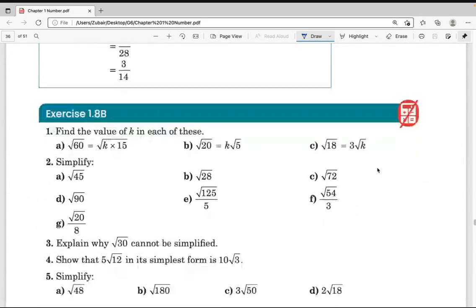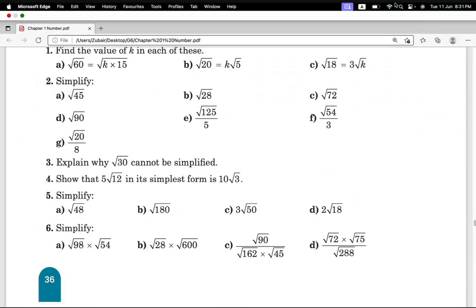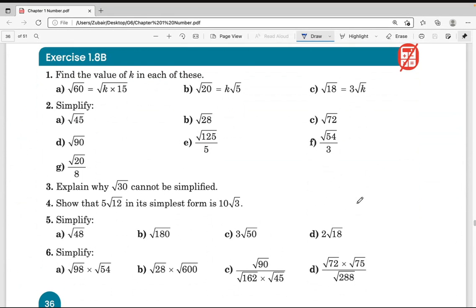Okay, so these were examples. Now we come to the practice exercise. Find the value of k in each of these. This is clearly 60. 15 into what is 60? No, 4.